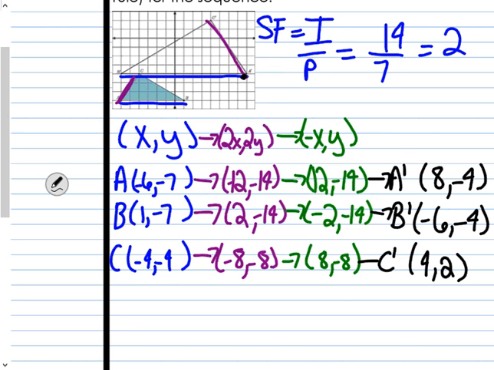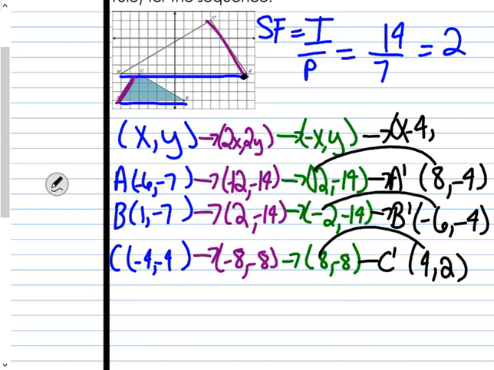Well, you have to compare. I obviously did something after the reflection to get it there. So what did I do to 12 to get it to 8? What did I do to -2 to get it to -6? What did I do to 8 to get it to 4? Well, what's the difference between 12 and 8? It's -4. So I subtracted 4 from all the x coordinates. 12 minus 4 is 8. -2 minus 4 is -6. 8 minus 4 is 4.